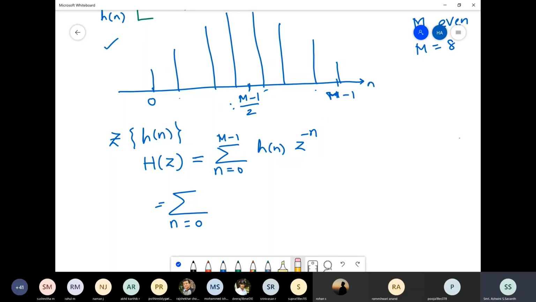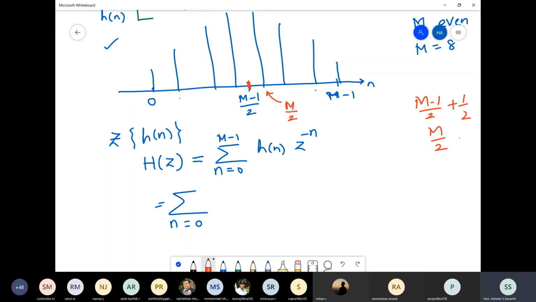Let me just write what these index values are. If this is the center at (m minus 1) by 2, what will be the index at this point? Isn't it (m minus 1) by 2 plus half? Yes, you're going to get this value. So what is that? m by 2. So this index is m by 2.